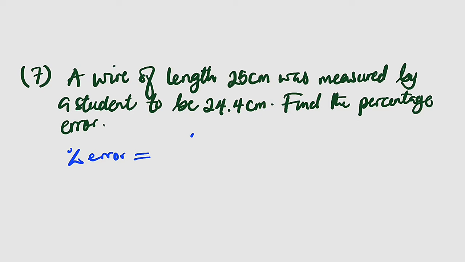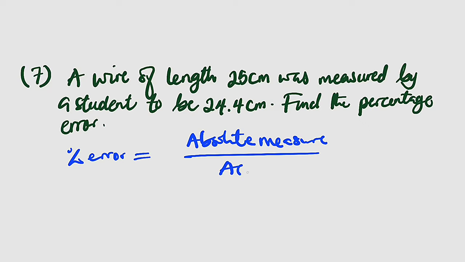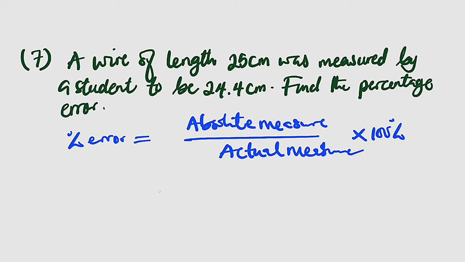is equal to the absolute measure, divided by the actual measure, multiplied by 100%. So what is absolute measure is just the difference between the two measurements.